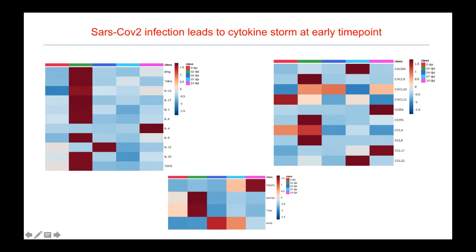And you can see at day 2 most of the cytokines are elevated, and some of these interesting cytokines on which my lab has been working for the past 5-7 years, like IL-17 and IL-9, are very high at an early time point, which also correlates very well with T-bet and GATA3, which are the transcription factors for Th1 and Th2.